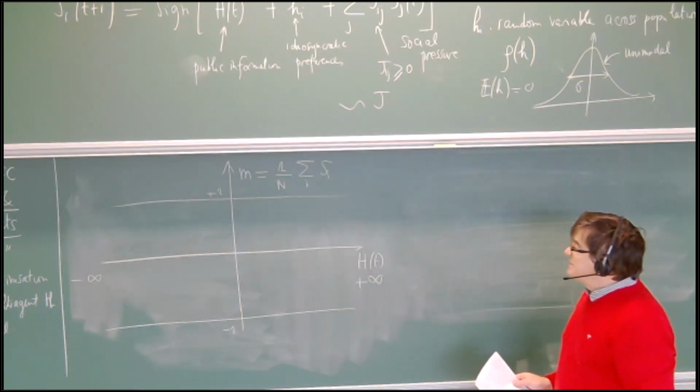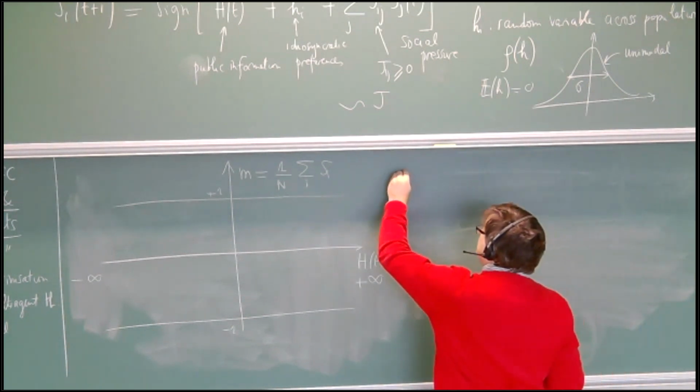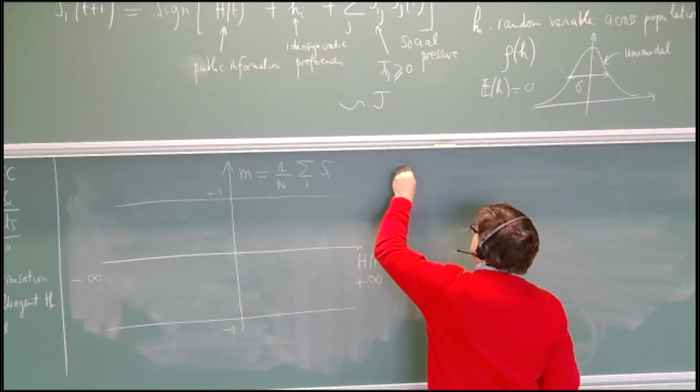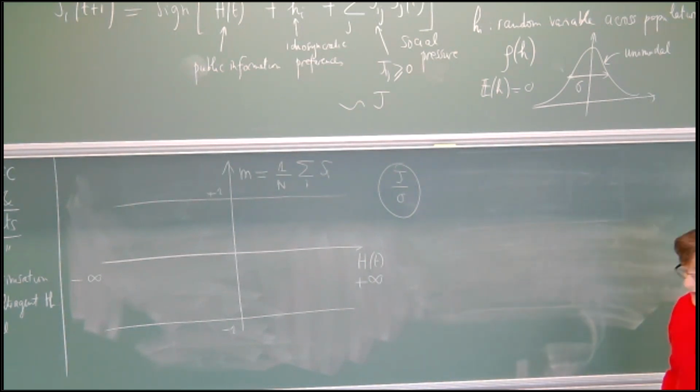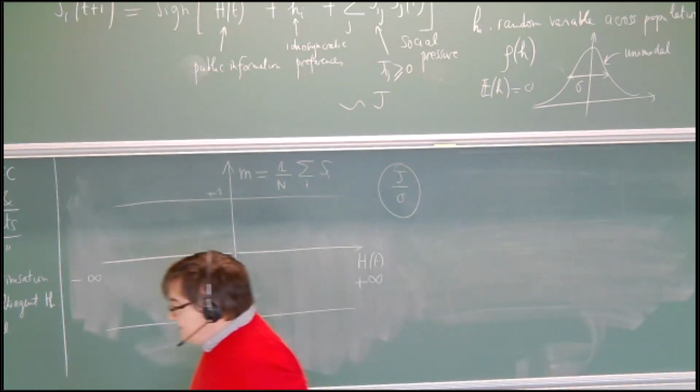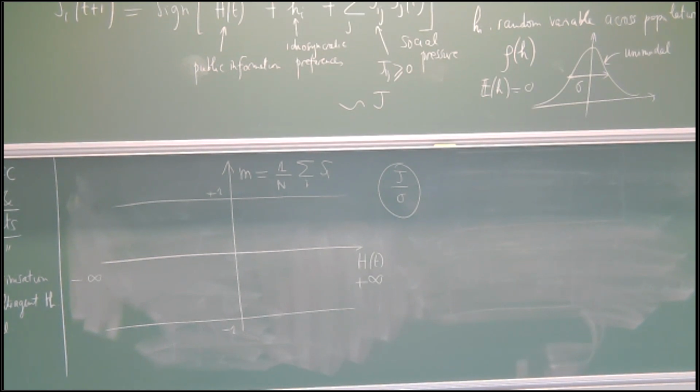And what I'm claiming is that depending on the ratio of J over sigma, which is going to be the important parameter in the model, you can have different types of curves. I'm going to use 3 colors. I know that you don't see the red very well, but I guess it's not going to be too difficult to see what I'm drawing.